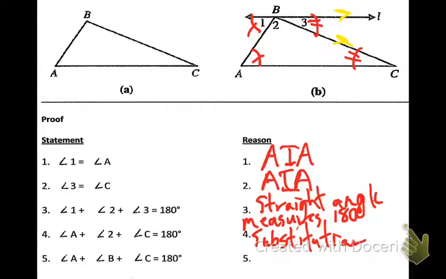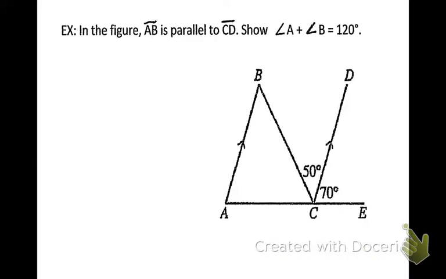Really, if we're consistent with what I've been teaching you, we wouldn't call it just B, we'd call it angle ABC. Okay, that's substitution as well because it's the same name for a different angle, so you're just substituting a different name in. So that would be substitution, angle B for angle 2. All right, any questions? Okay.